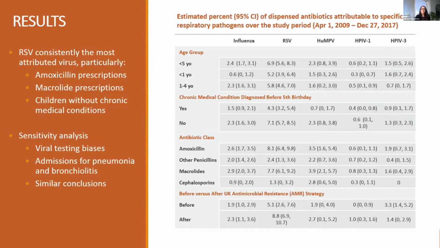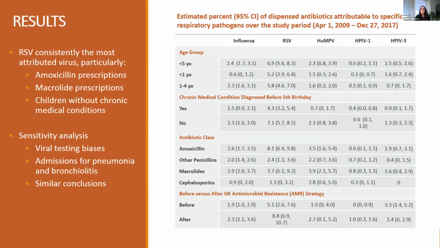All right, so some more results. I know you can't read this whole table, but I just want to highlight that because we have this linked data infrastructure, we were able to look at different characteristics that would be really important to informing antimicrobial resistance approaches. So particularly, we looked at if there were any differences according to the age of the child, if they had a history of chronic medical conditions diagnosed before their 5th birthday.